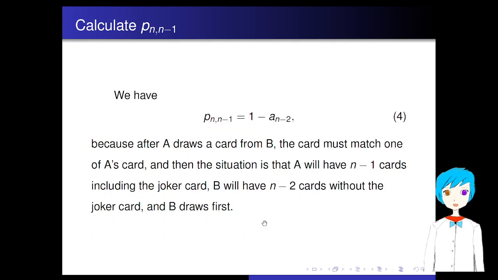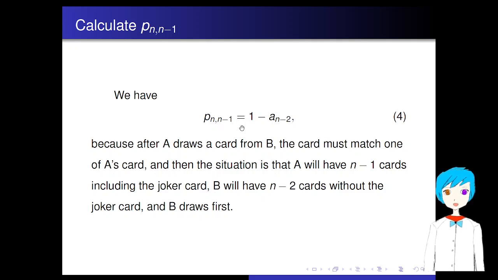So what is P_{n,n-1}? How to calculate it? Actually, we have P_{n,n-1} equals 1 minus A_{n-2}, because after A draws a card from B, the card must match one of A's cards in hand, and then the situation is that A will have n-1 cards including the joker card, B will have n-2 cards without the joker card, and B draws first.